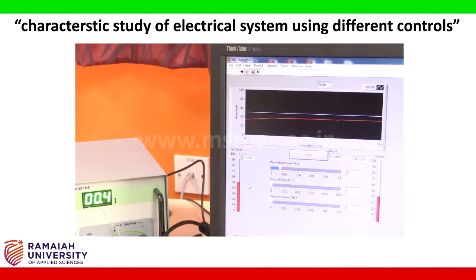If you observe here, depending upon the proportional gain set here, the time taken for the system to reach the required output voltage will always vary. Since the gain value is very small, it takes more time to reach the set point, the required output.